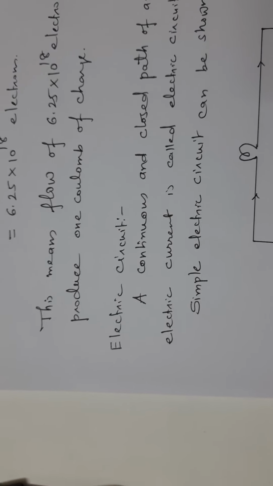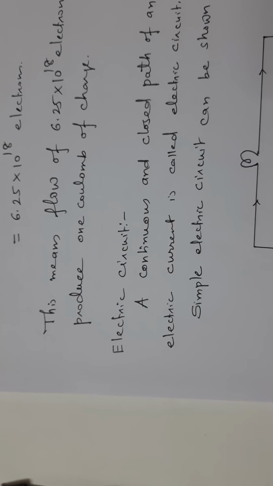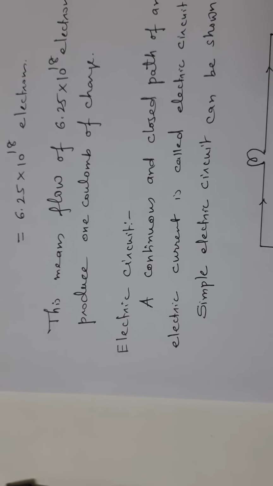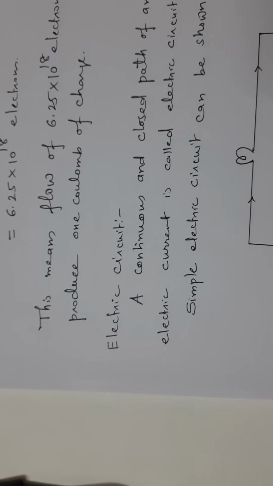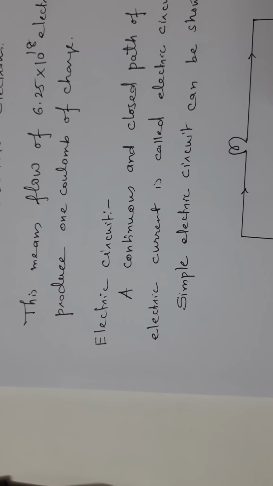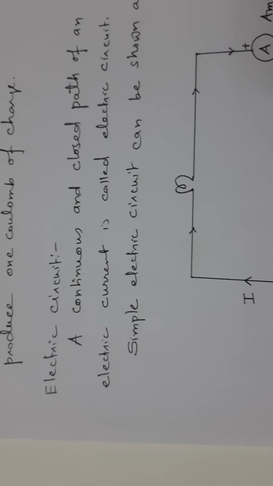So the flow of electrons takes place from negative to positive, and the flow of electric current is exactly opposite to the flow of electrons. So current flows from positive to negative. Here a simple circuit has been shown.